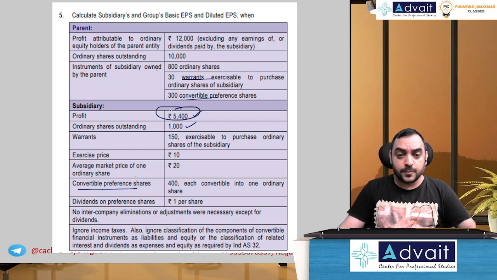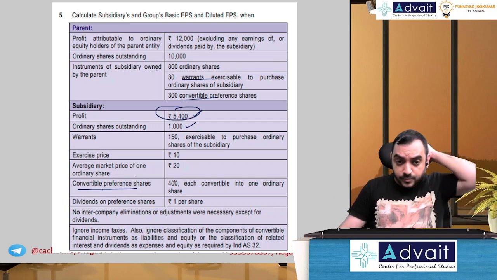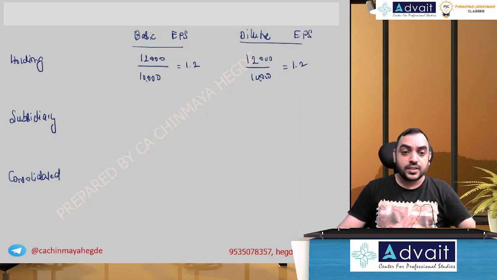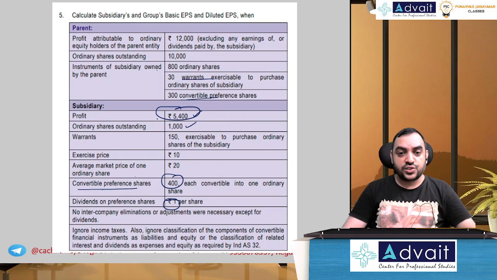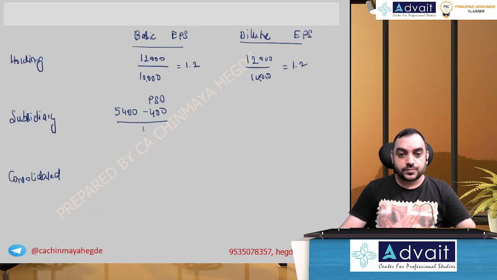So from 5,400, I'll subtract 400 into 1, right? 400 preference shares, 1 rupee dividend. So 5,400 minus 400, which is basically preference share dividend, 400 into 1, divided by number of shares of the subsidiary company, 1,000. So 5,000 by 1,000, 5 per share.